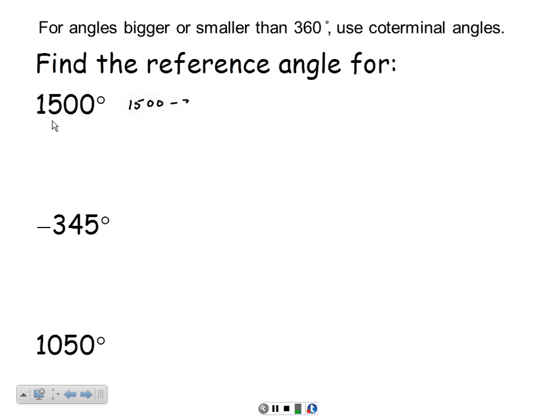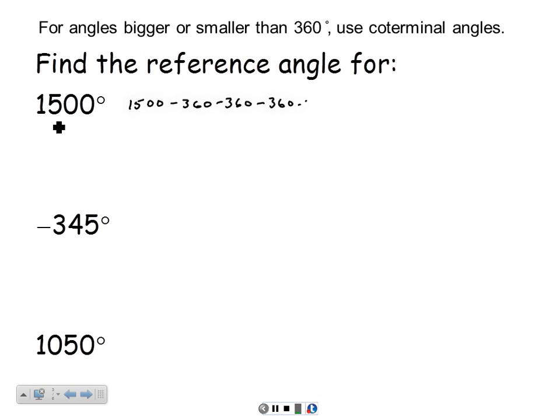Let's do minus 360. 1500 minus 360 is going to give us 1140, so let's minus 360 again. That's going to be 780, so minus 360 again. That's going to be 420, so minus 360 again. And that's going to get us to 60 degrees.